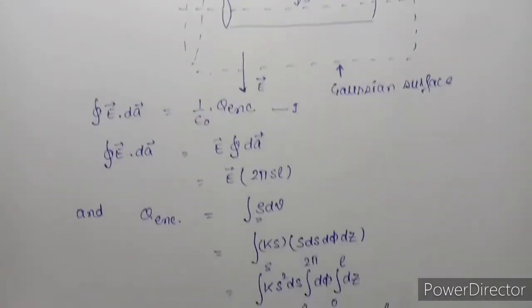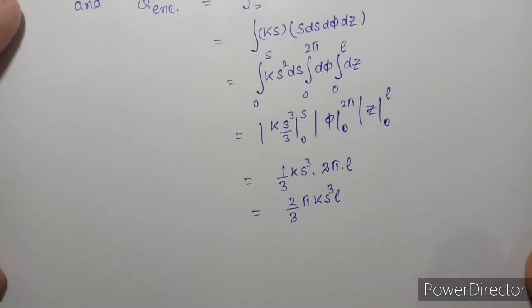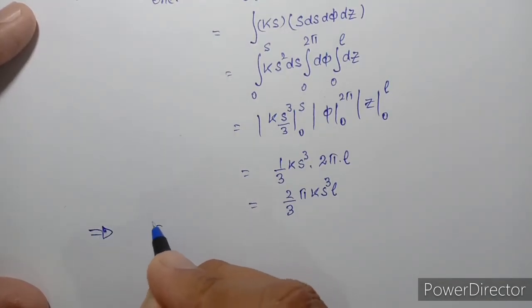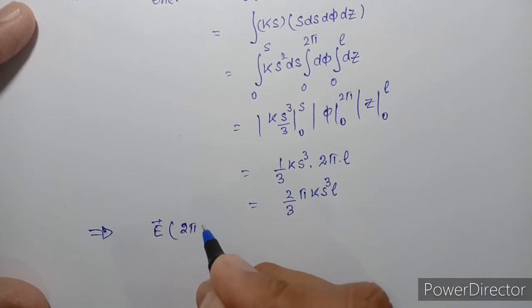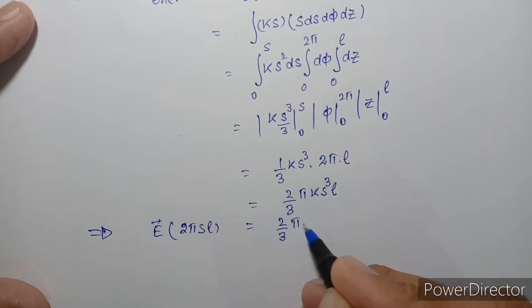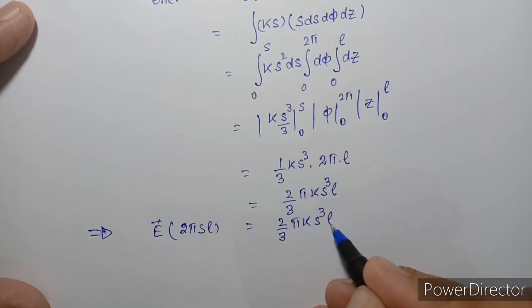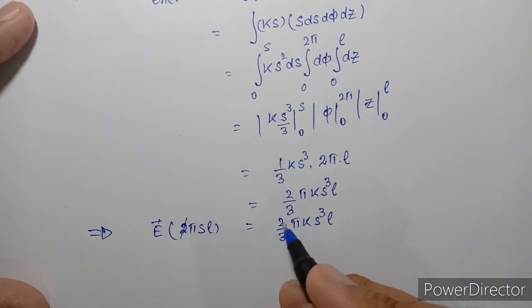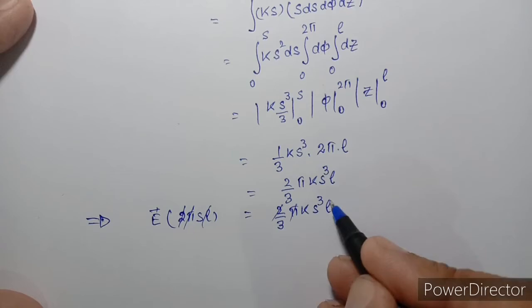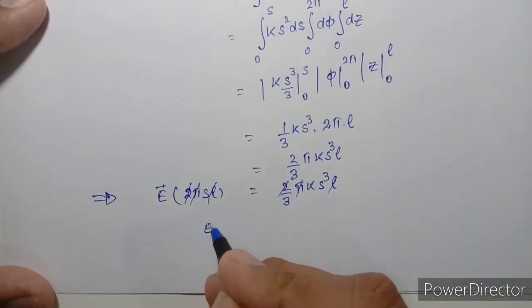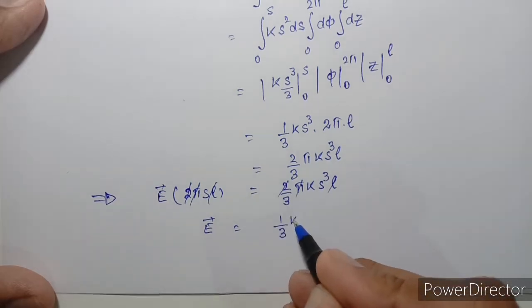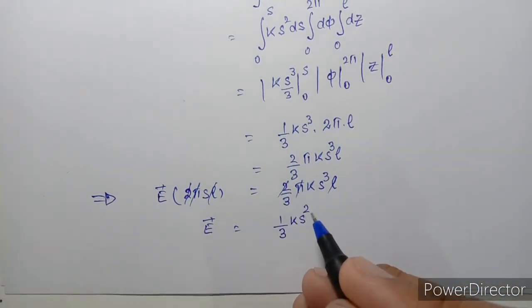Then what we get is E times 2 pi sL equals 2 over 3 pi ks cubed L. So 2 cancels, pi cancels, L cancels, and we get E equals 1 over 3 ks^2.